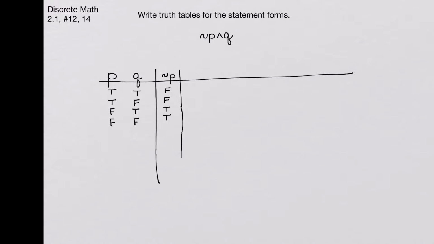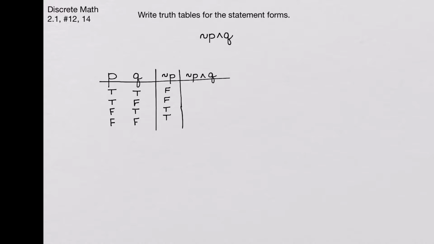So now the only thing that's left is to do the whole expression, which is not P and Q. I made this truth table a little bigger than it needed to be. That's all right.